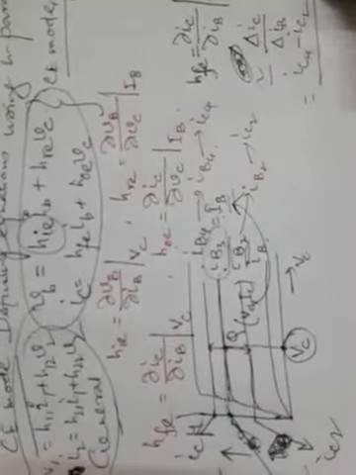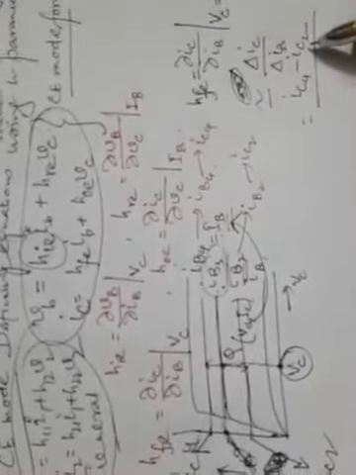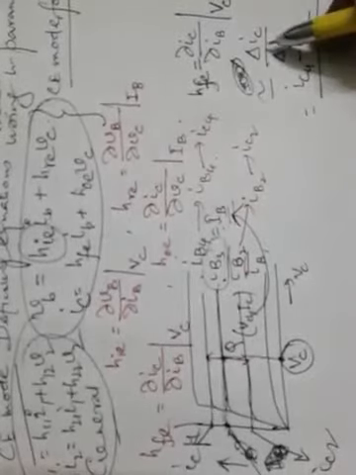This is the overall change. The minimum value is this one and the maximum value is this one. Between them the change, delta IC and delta IB, where delta IB will be IB4 minus IB2 as per this VI characteristic.